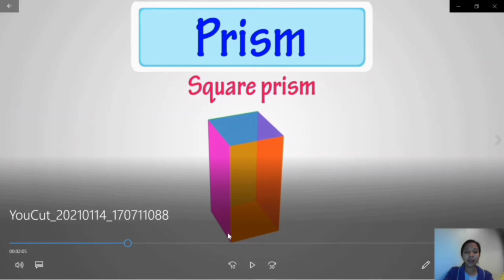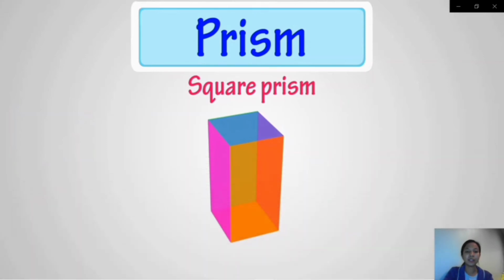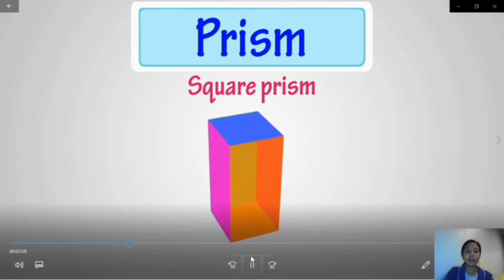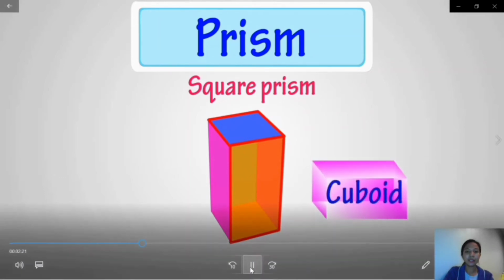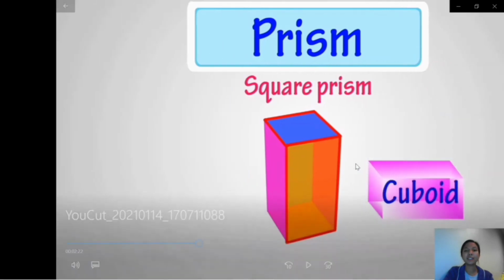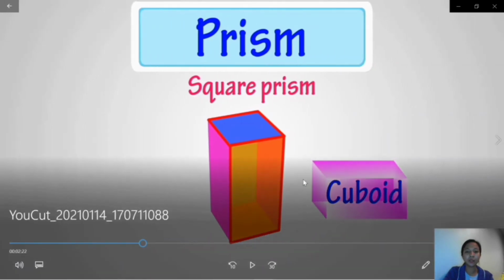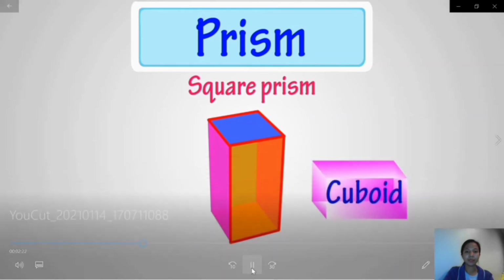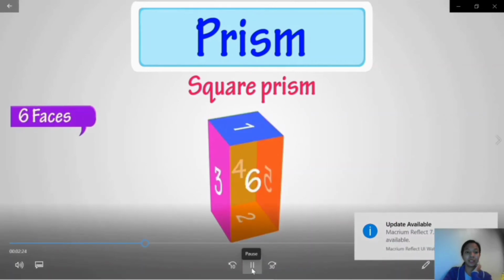Now let us find out how many edges, vertices, and faces it has. By the way, before we proceed, this one is also called a cuboid. A cuboid is a square prism.